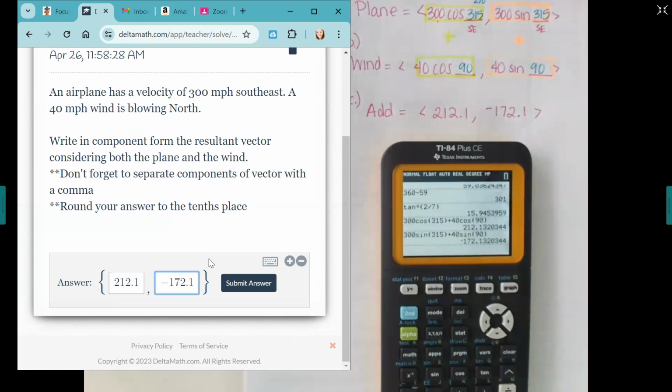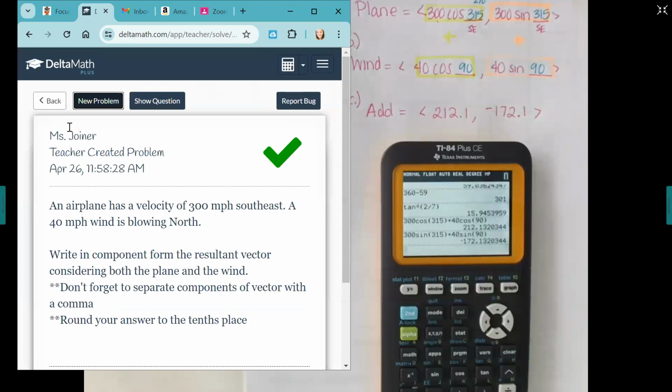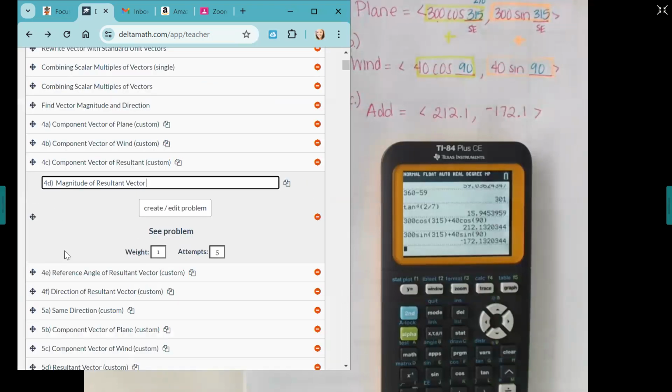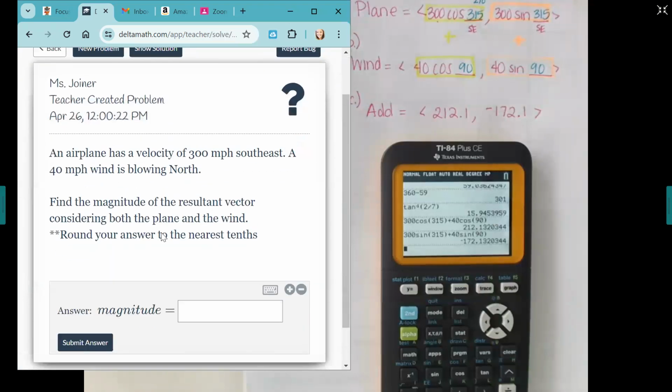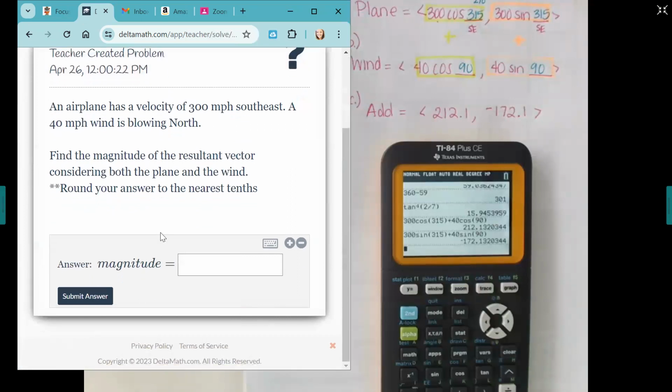After you add, do you remember what we always find next? It's in the same order every time. Direction? Not direction, not yet. Magnitude. And how do we find magnitude? A squared plus B squared equals C squared. Remember that in the problem, magnitude is the speed.